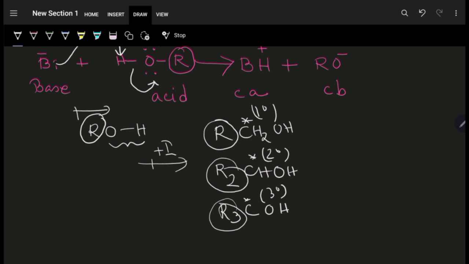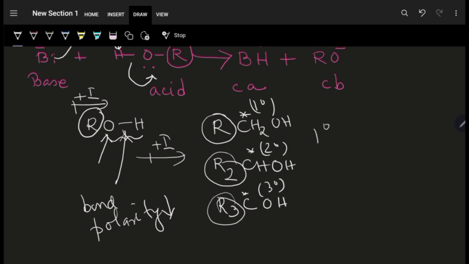Now this plus I effect increases the electron density over the oxygen atom, for which the OH bond polarity decreases. So I will say the acidic nature, when I move from 1 degree to 2 degree to 3 degree, gradually decreases.